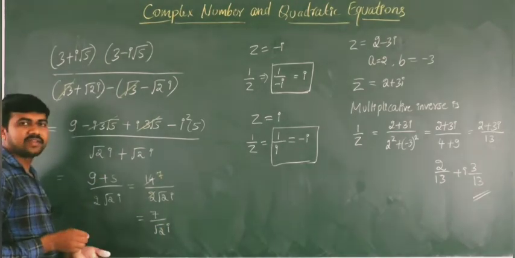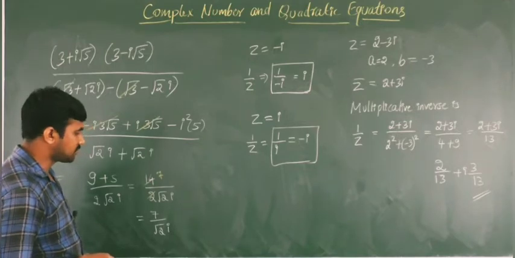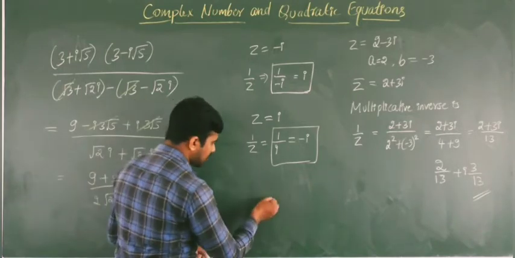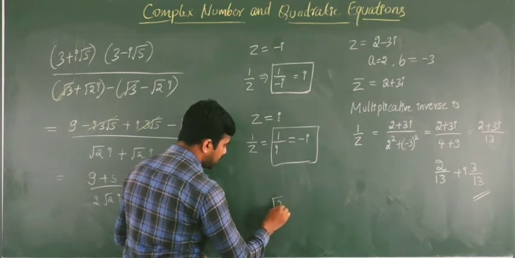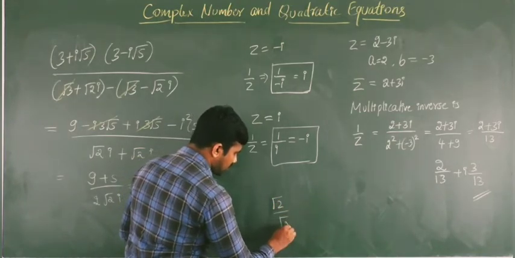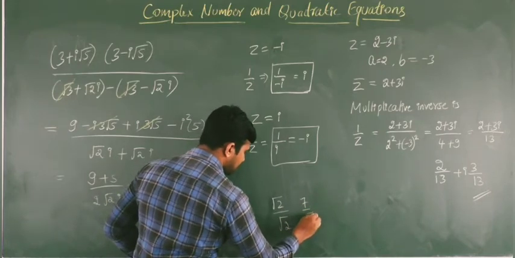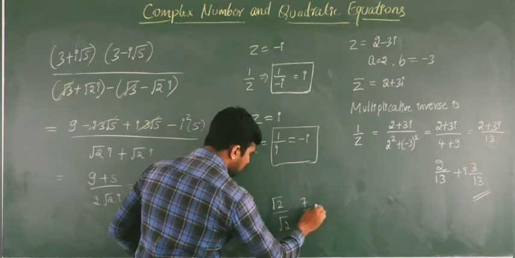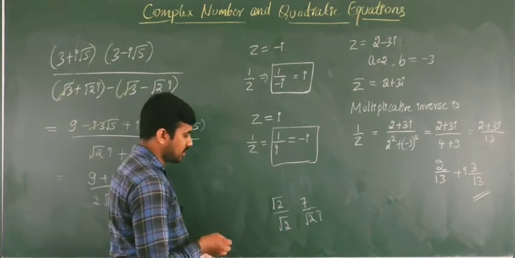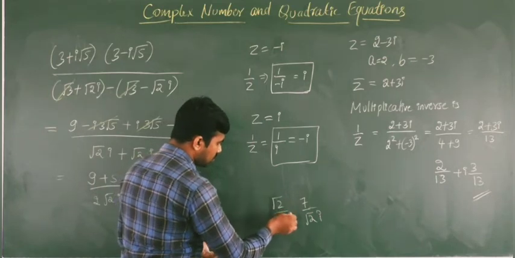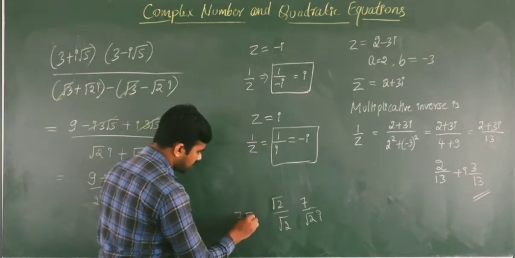Root 2 in the denominator, how can we write it in the numerator? If you want, you can multiply and divide by root 2. Then 7 by root 2i, without affecting the result, becomes 7 root 2 divided by 2.